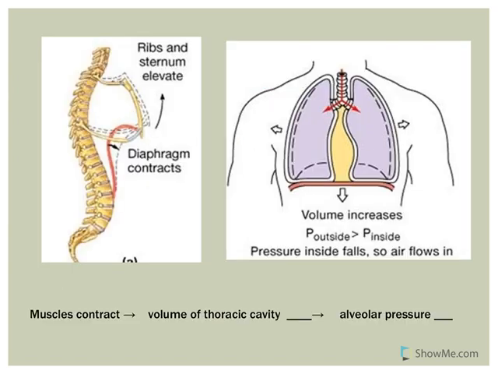The phrenic nerve will stimulate the diaphragm to contract, and the intercostal nerves will stimulate the external intercostals to contract. What you'll notice is the diaphragm flattens out, the thoracic wall expands, and as a result, the volume of the thoracic cavity is going to increase.